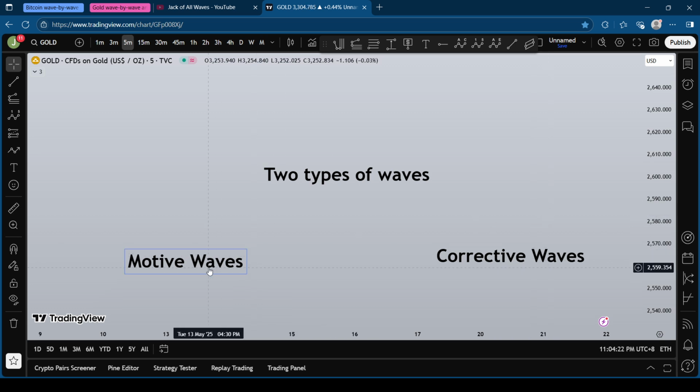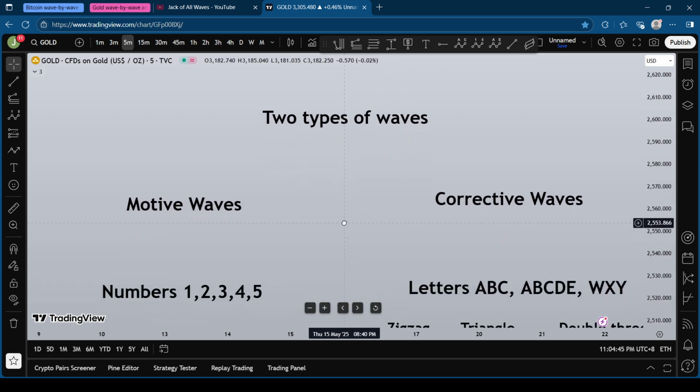So motive waves is the trend, corrective waves are the counter wave trends. So these two types of waves, the motive waves and corrective waves, are also subdivided into different types. But let's focus on the basic first.